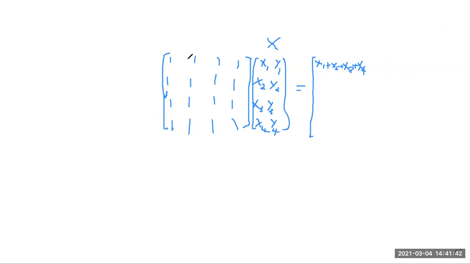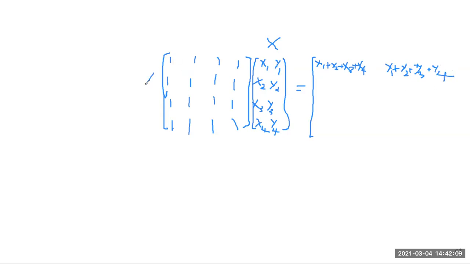What's the next element here? First row, second column. y1 plus y2 plus y3 plus y4, right? y2 plus y3 plus y4, correct?